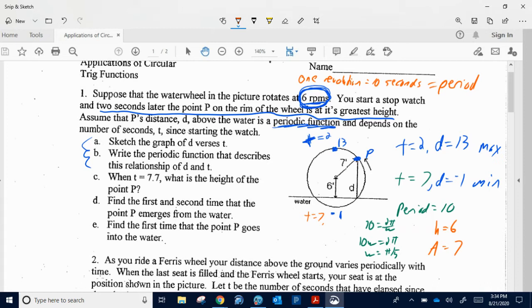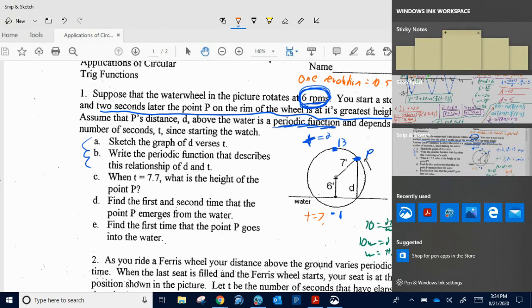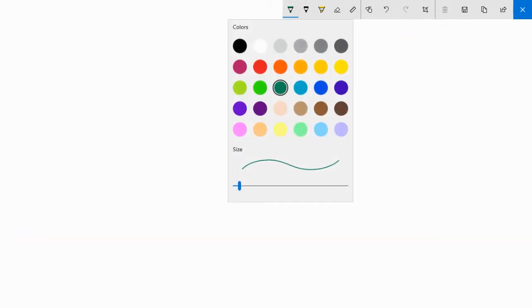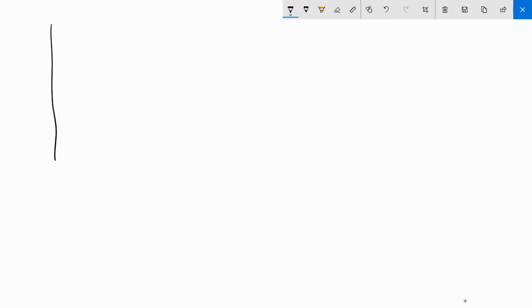I'm going to go to a different picture to kind of map all this out for us. Picture-wise, at t equals 2, we just said there is a maximum value of 13.